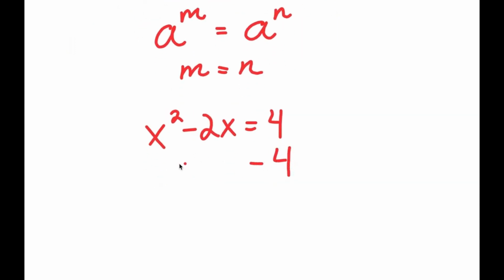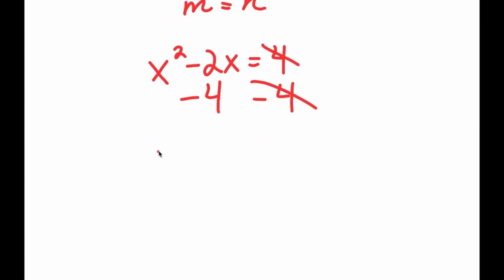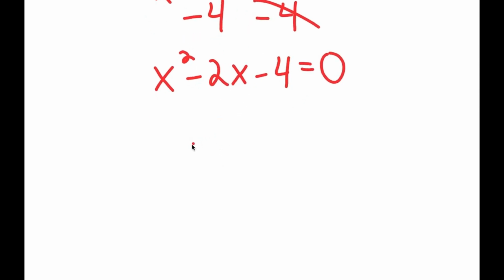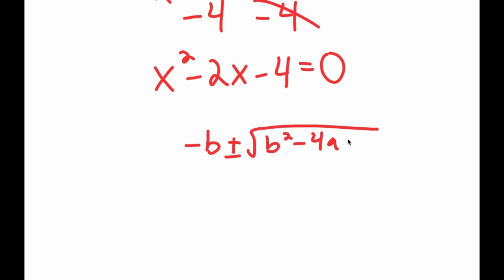And now if I subtract 4 on both sides, these two cancel out, and I get x squared minus 2x minus 4 is equal to 0. Now from here, to solve this, I'm going to use the quadratic formula, which is negative b plus or minus the square root of b squared minus 4ac all over 2a.